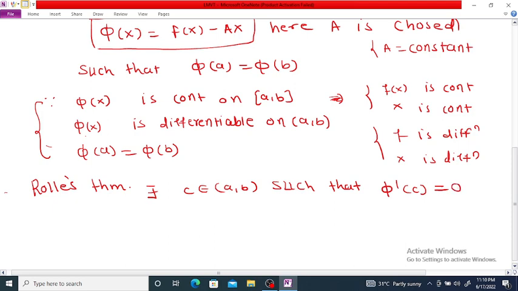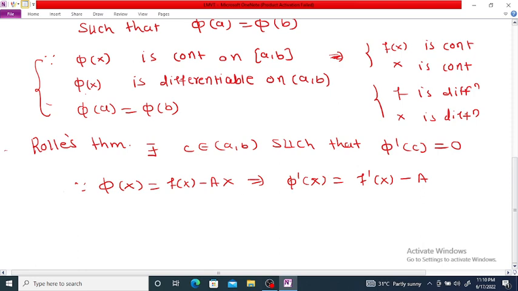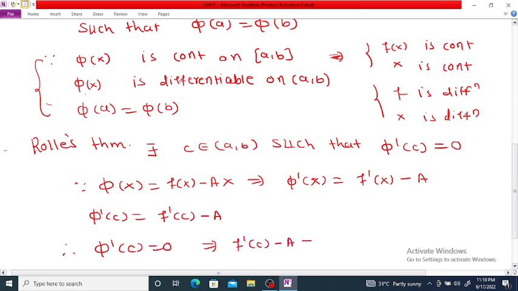Since phi of x is equal to f of x minus a x, phi dash of x is equal to f dash x minus a. Putting in phi dash c equal to 0, we get f dash c minus a is equal to 0.